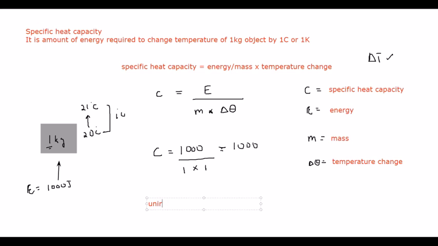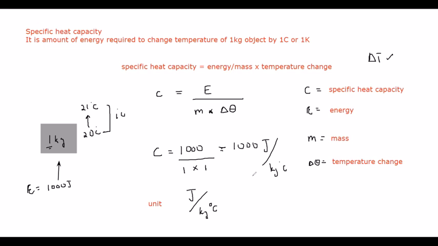Unit of mass is kilogram, the SI unit. And the unit of temperature change, because in this example it is degree centigrade. So the unit here is 1000 joule per kilogram per degree centigrade.